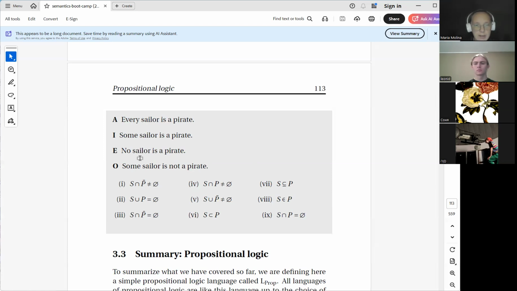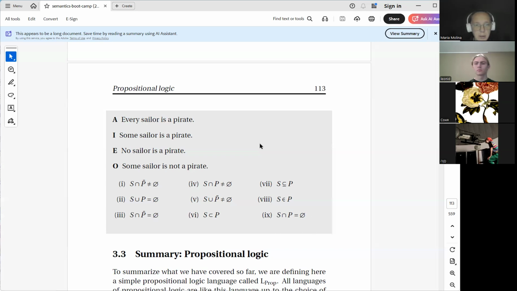Now, no sailor is a pirate. 9. The intersection between sailors and pirates is empty. Yeah, 9.